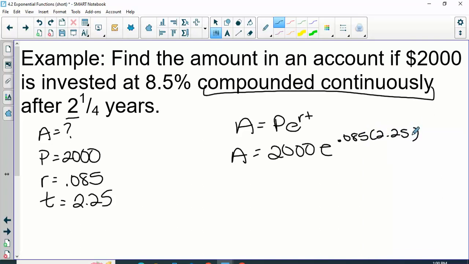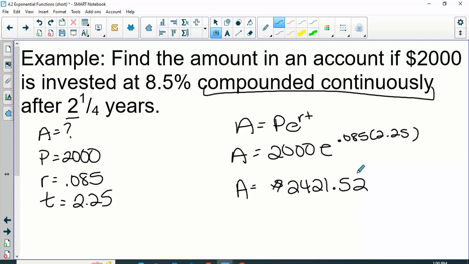And we can just put all of that in the calculator. $2,421.52. Did you move the decimal? Oh, we did 2,000. I can't remember that.